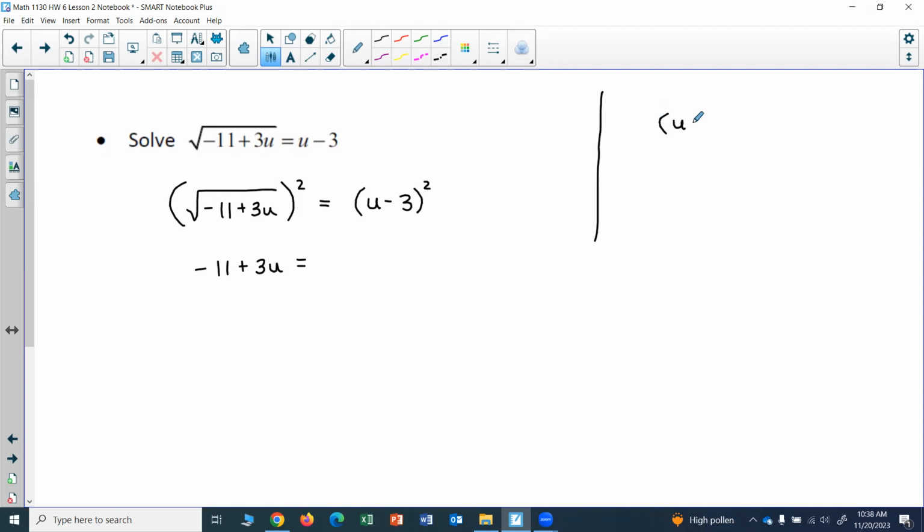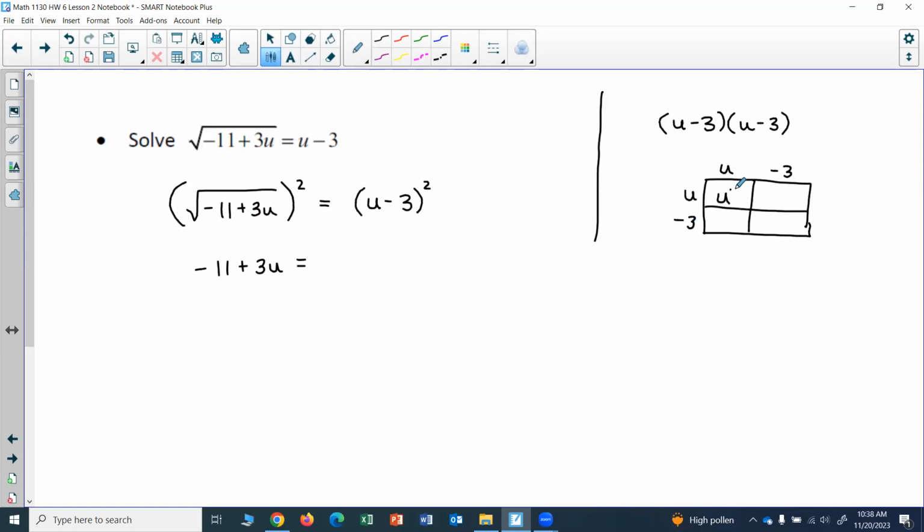So we have u minus 3 times u minus 3. And if I were using the box method, I would set up my box. On the top, I have u over the first box and negative 3 over the second box. And on the side, I have u and minus 3.